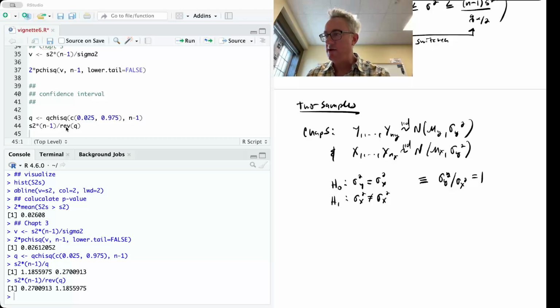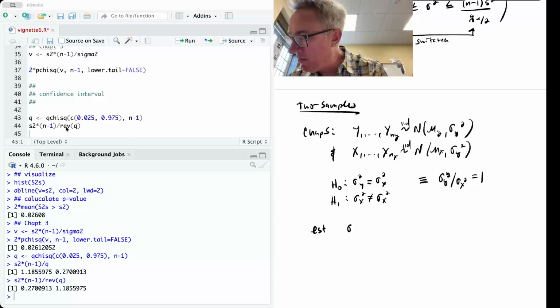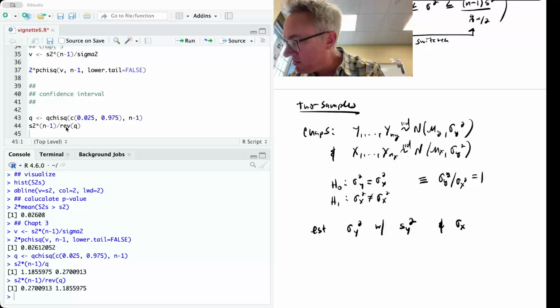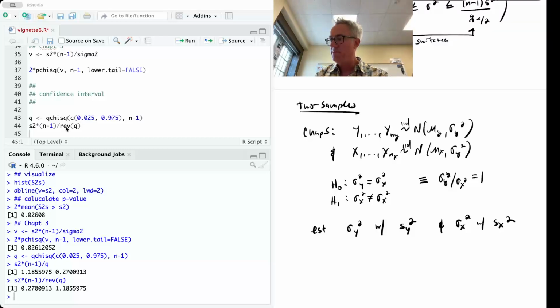Remember that we know that we can estimate sigma y squared with s y squared and sigma x squared with s x squared.